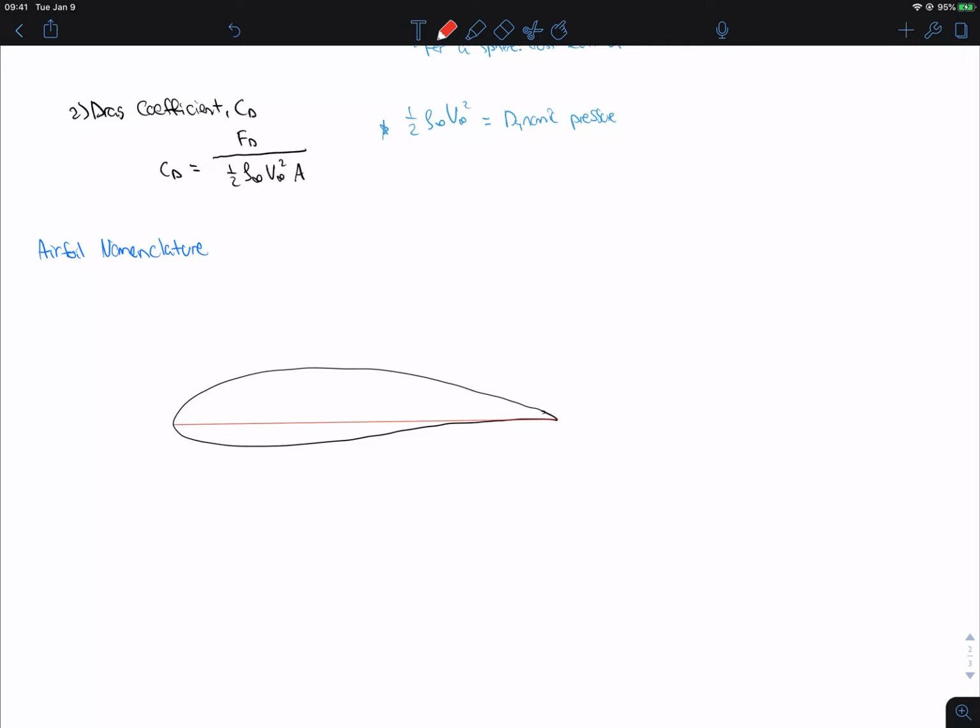Okay, so let's label this. This is the chord line. That's the chord line, but really the distance from the leading edge to the trailing edge, that's going to be the chord.